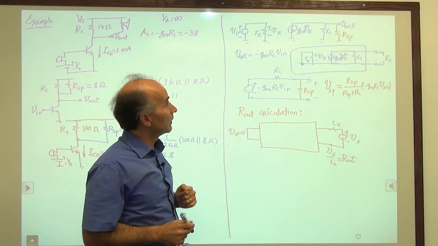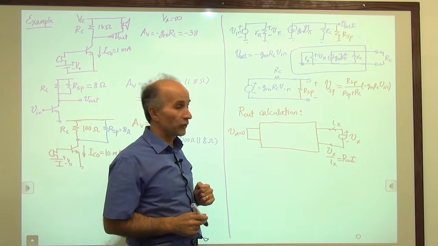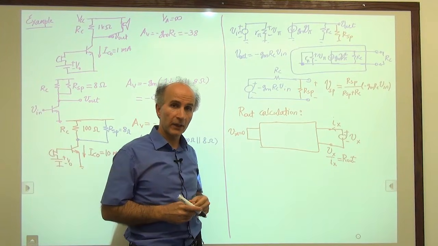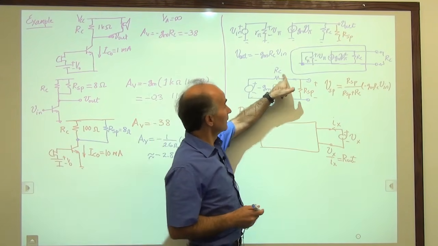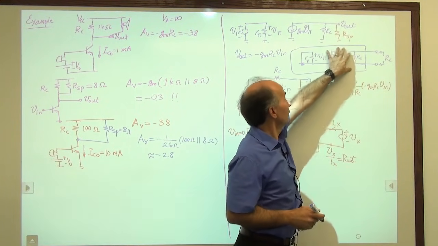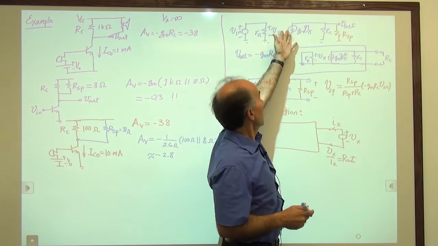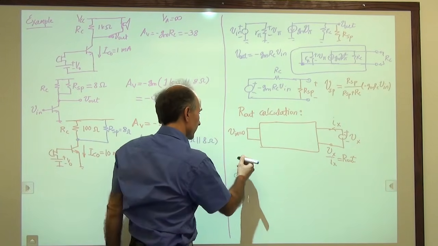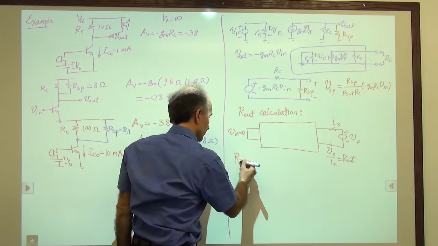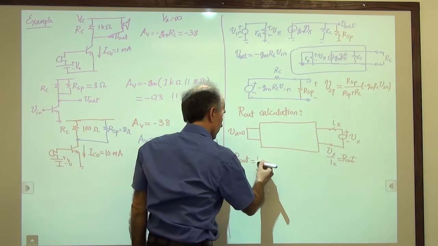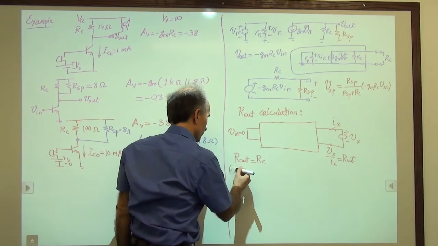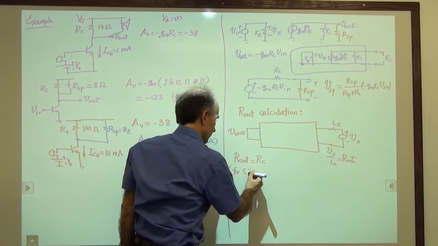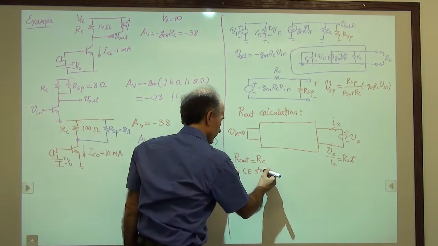Okay, now how much is the output resistance of a common emitter stage? Well, we found it to be RC, right? When we formed the Thevenin equivalent of the amplifier, it came out to be RC. So we say R out is equal to RC for the basic common emitter stage.